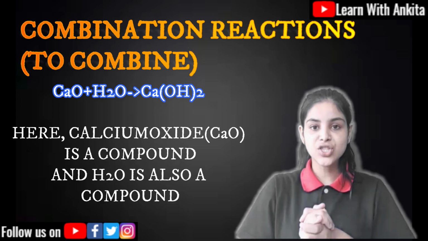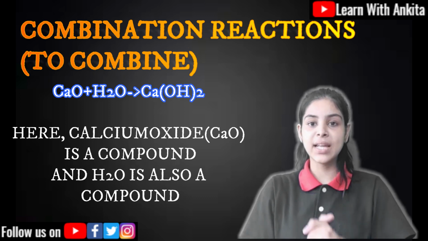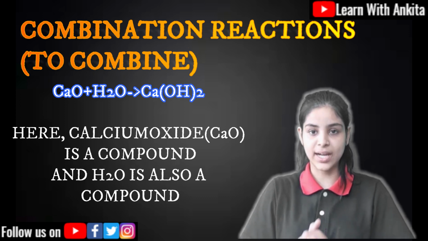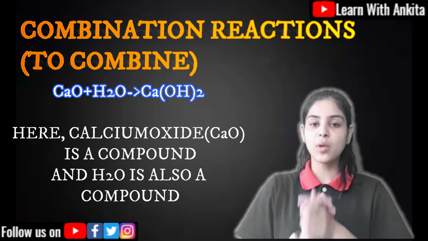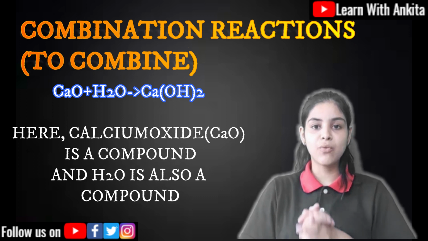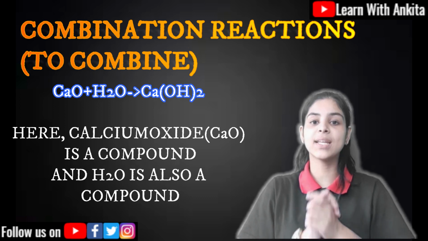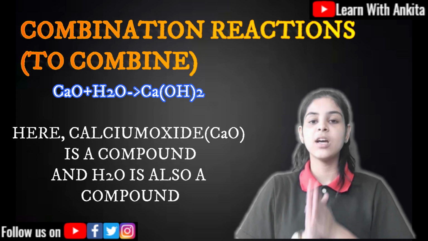Over here, calcium oxide and water are combining to form a new substance, that is calcium hydroxide. All 3 of them are compounds. Calcium oxide and water both are compounds and they combine to form another compound, calcium hydroxide.